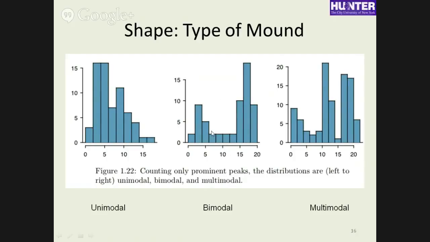This, on the other hand, has two distinct modes with a fairly large gap between them, so this is what we would call a distinctly bimodal distribution. And since there's this one bin here with very, very few counts, this might be a multimodal distribution, which is pretty rare to come across.